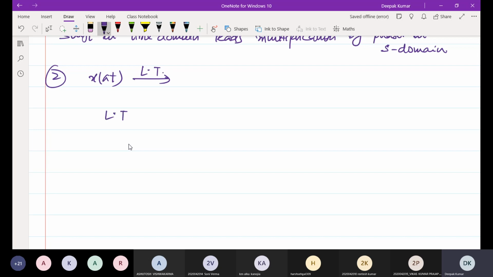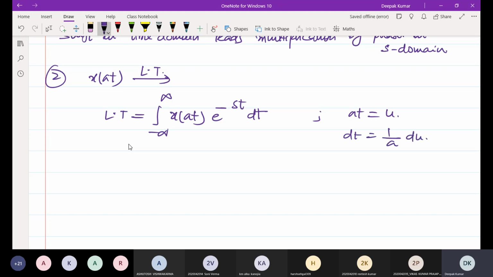Proceeding with the same approach, Laplace transform is integration of x of at e to the power minus st dt. Here also substitute at equal to u, and so dt is equal to 1 by a du.